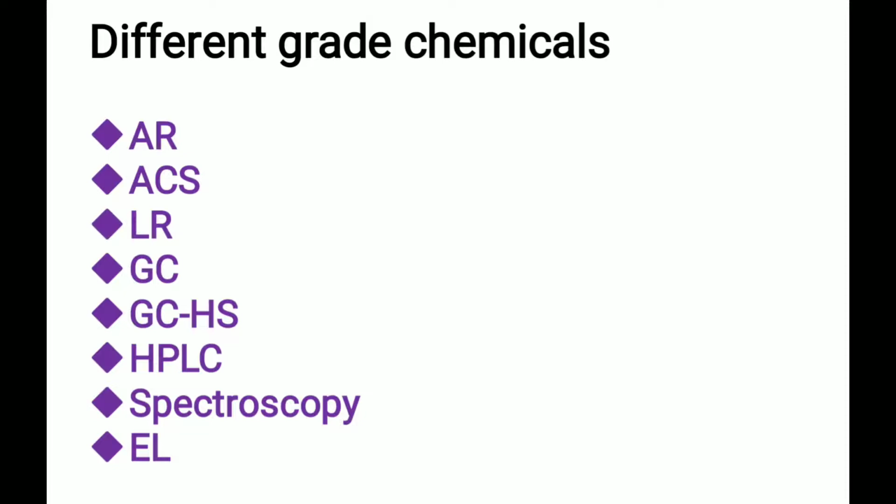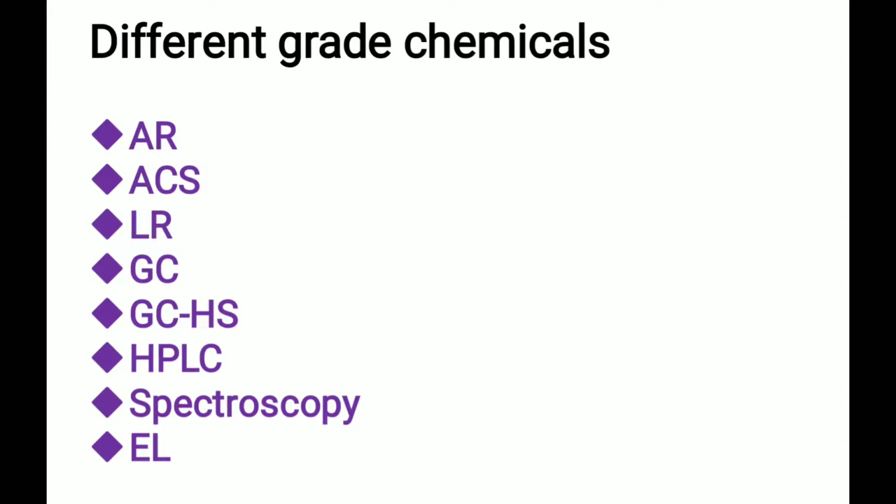The second grade is ACS grade. Basically, this grade is manufactured after following the particular guidelines given by the American Chemical Society, and this grade has uniform specification all over the world.